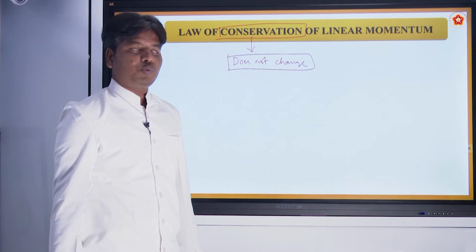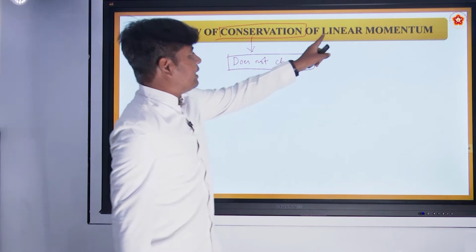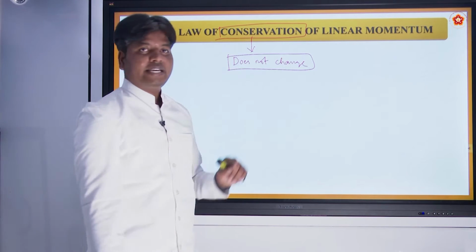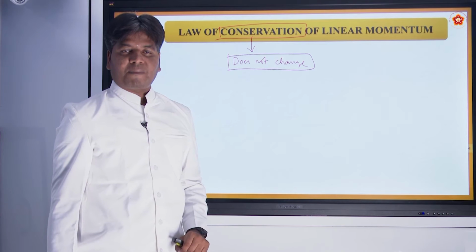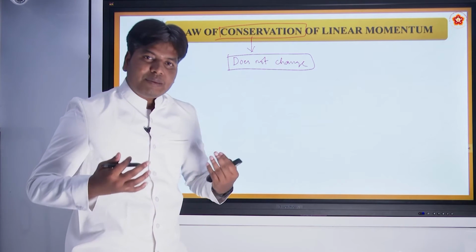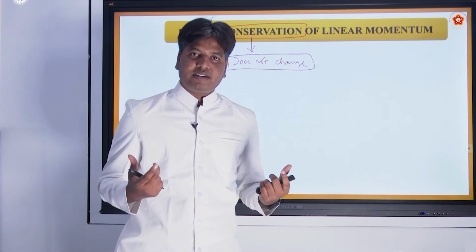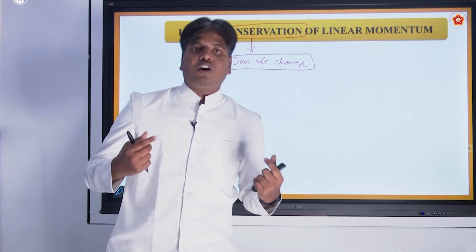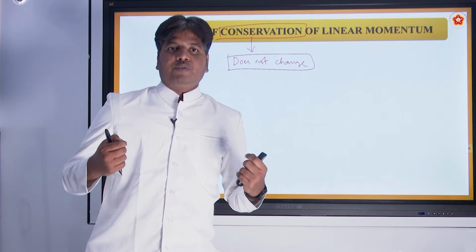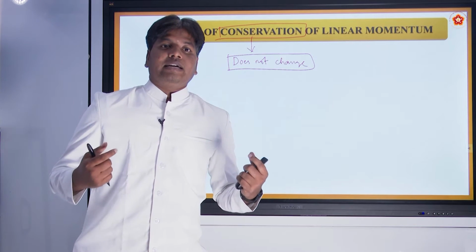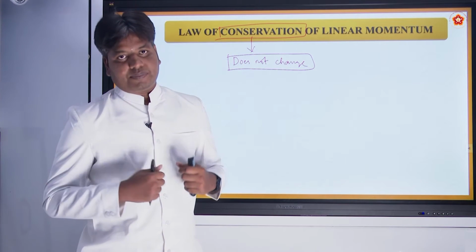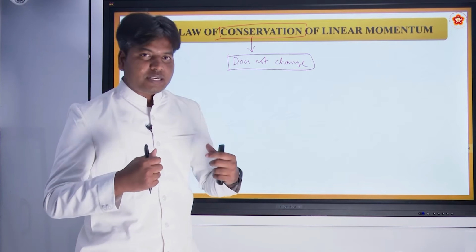So we are talking about when the linear momentum is not changing. When the linear momentum will not change, there will be some conditions. So there is a law to be followed when we talk about the conservation of linear momentum. So what is that law?